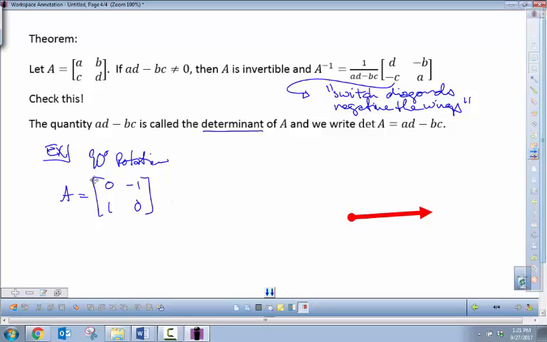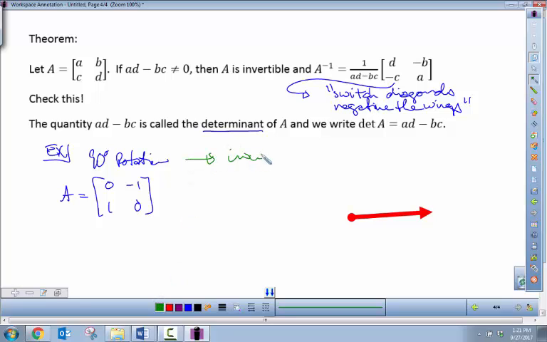So that's what we want out of this rotation: if we rotate it 90 degrees, the inverse would be a negative 90-degree rotation to get back to your original position. So let's use this rule to see if that's what we get.